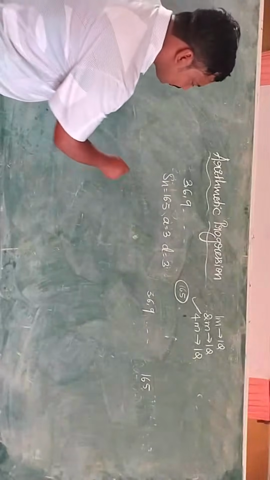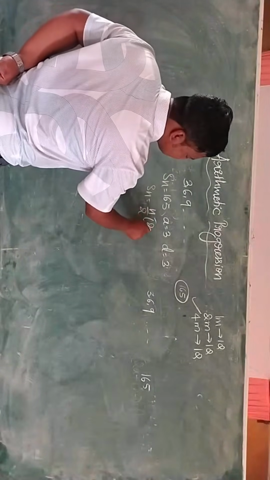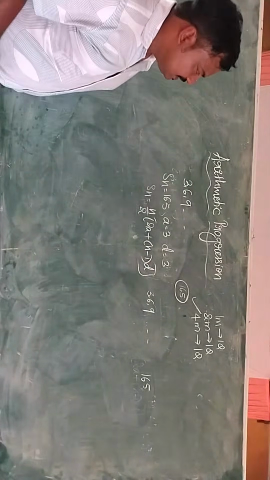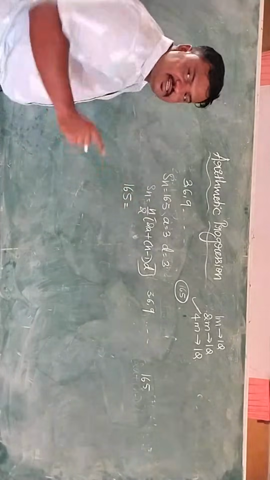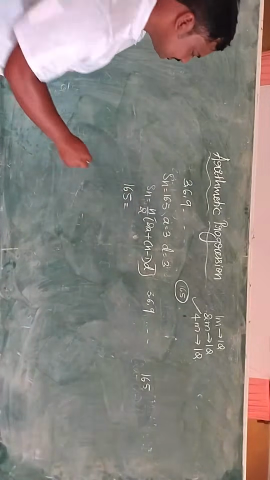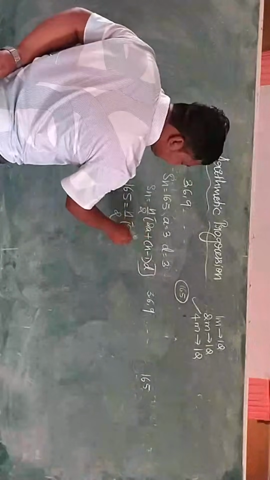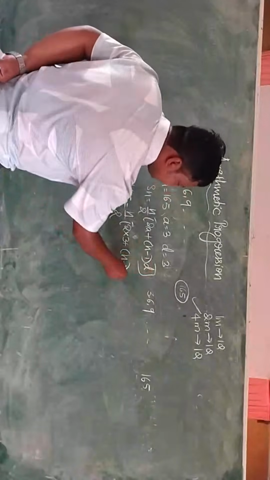So the formula: Sn is equal to n upon 2 into [2a plus (n minus 1) into d]. Sn is 165. Did anybody get the answer? No one? Okay. So n upon 2 into the bracket 2 into a, which is 3, plus (n minus 1) and d is 3.